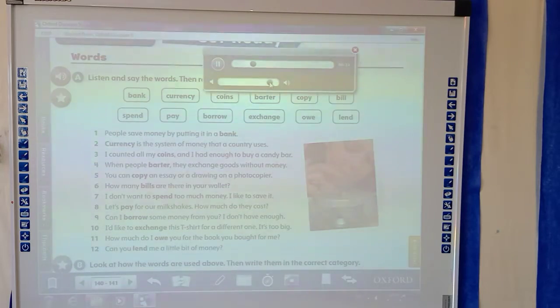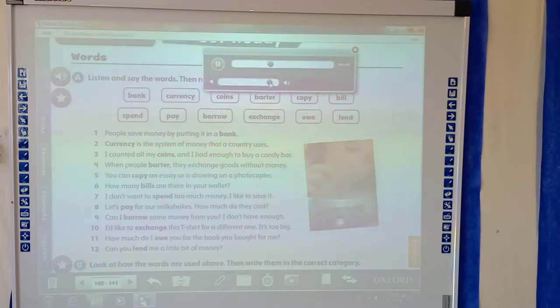Barter. Copy. Bill. Spend. Pay. Borrow. Exchange. Owe. Lend.